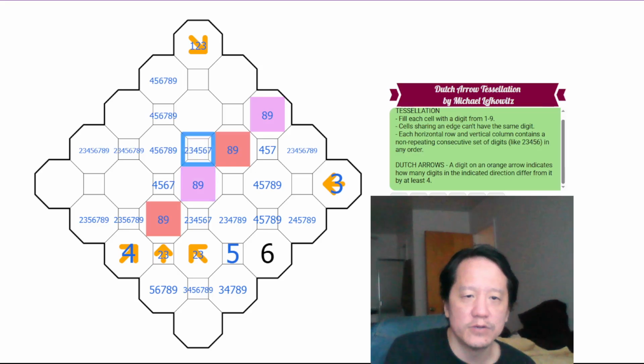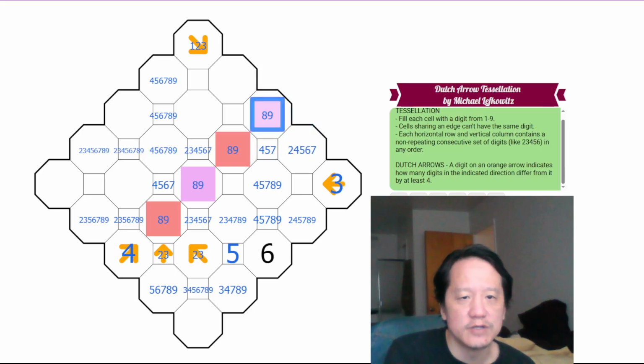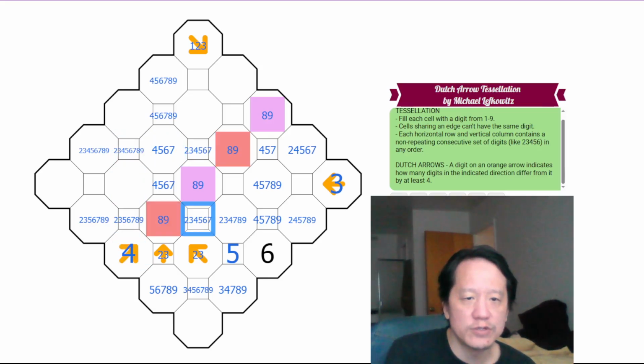No 8 or 9 here because it shares an edge with both of these. No 3 here because of 3 in the row, or 3 in the edge. And this cannot be 8 or 9 because it sees both the pink and the red one. This can't be 8 or 9 because it sees both the pink and the red one. So we could do that too. This can't be 8 or 9 because it sees the red and pink there.